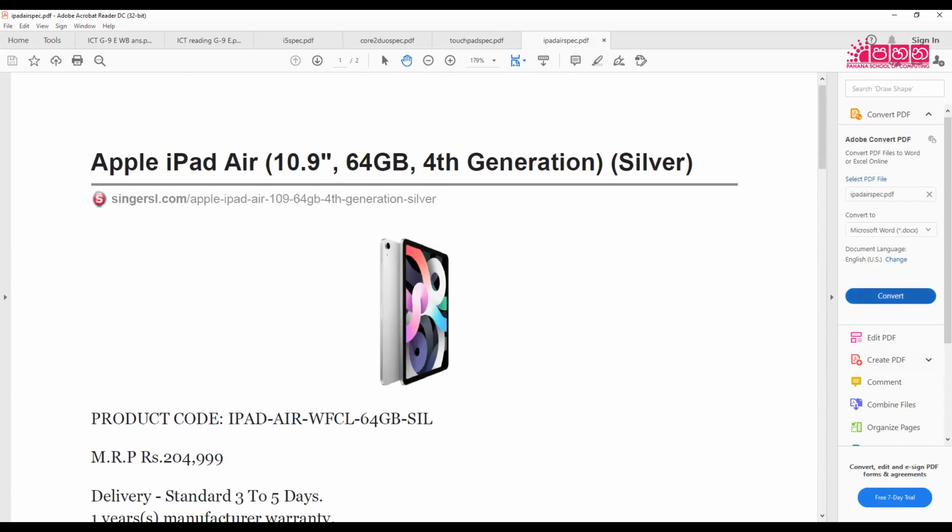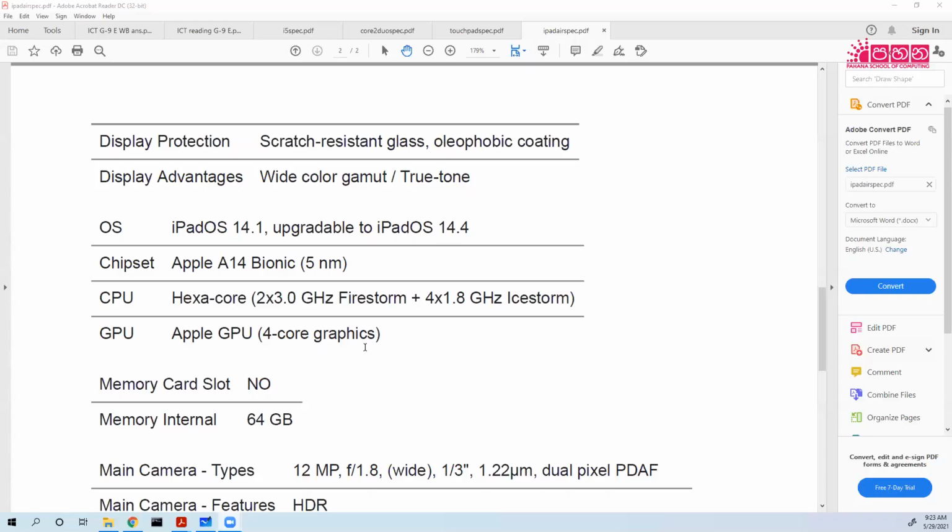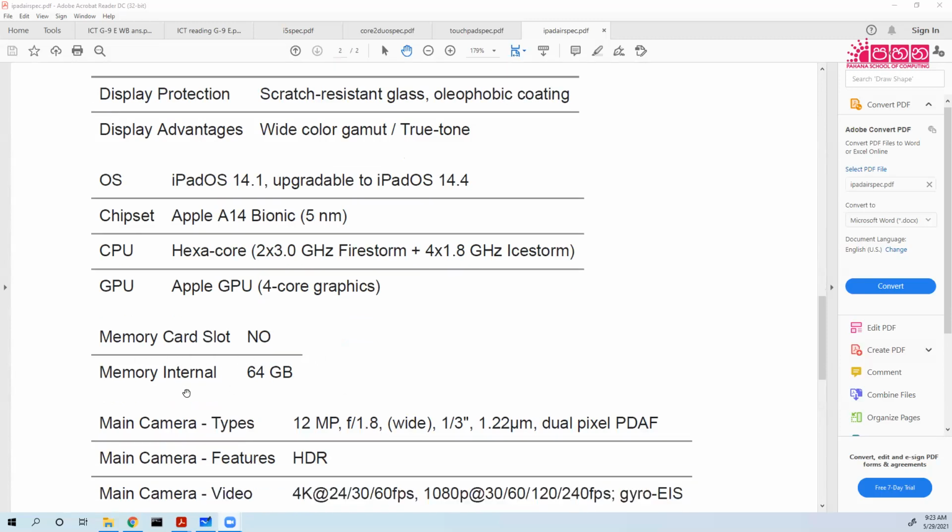Right. So let me check again. This is iPad Air memory space. So usually it's 4 gigabytes. It is 4th generation. Yes, it's Apple iPad 4th generation one. So this memory, internal memory means here, it's a hard disk space. You see it's 64 gigabytes.